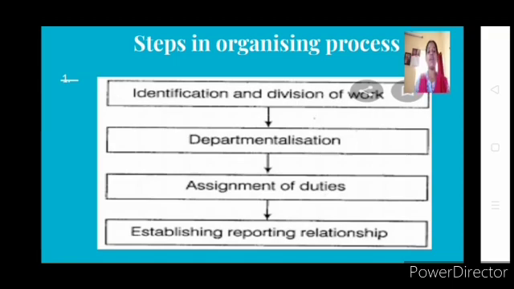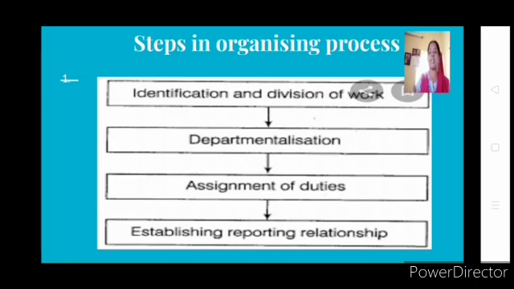So if you are dividing the work and want to group it on the basis of functions, you group all the activities concerned to purchase at one side, and all the activities concerned to marketing at one point. Or else one more option you have, depending upon the products you produce.